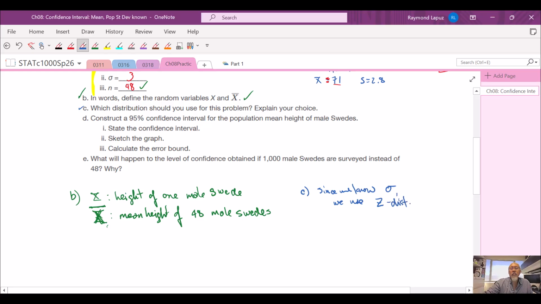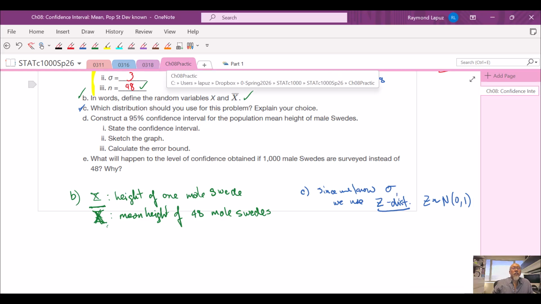And remember, the Z distribution is the normal distribution with the mean of 0 and standard deviation of 1. So that is what we'll use for the distribution for this problem.